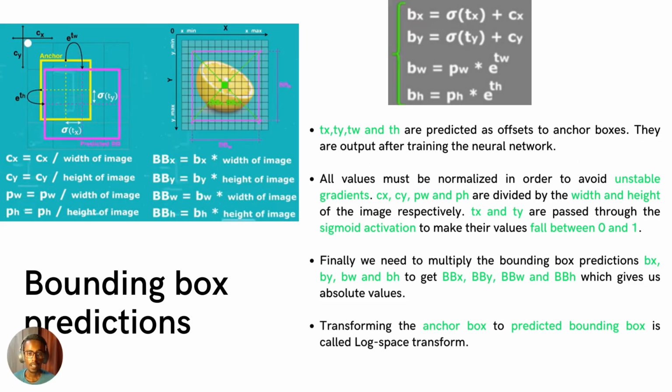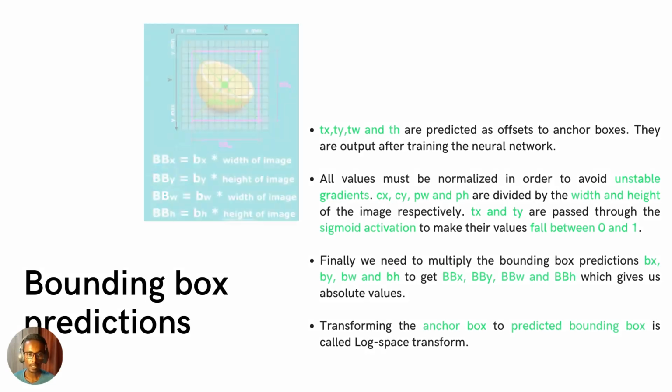And transforming the anchor box to the predicted bounding box is called the log space transform. We have already seen how to compute these values in detail in the video about YOLOv3, so you can take a look at that video in order to understand how to compute the bounding box coordinates.